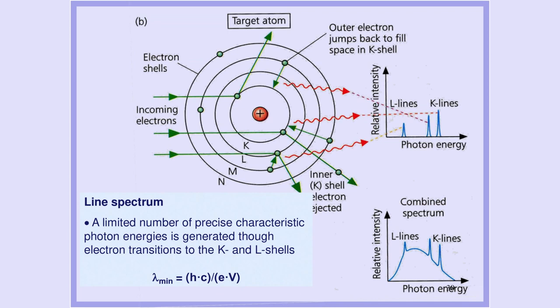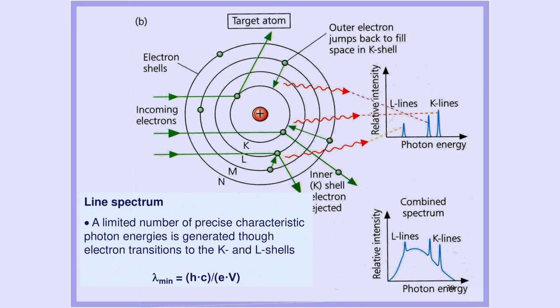These lines are a result of bombarding electrons penetrating deep into target atoms and ejecting orbital electrons from the innermost shells, the K and L shells, near the nucleus.